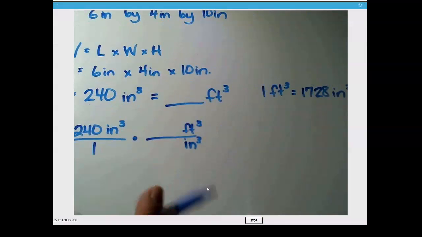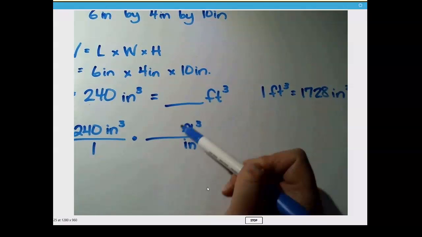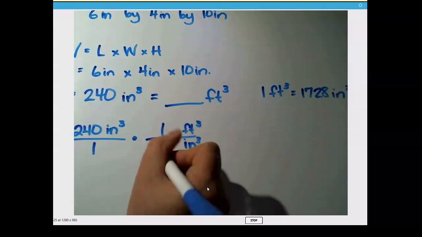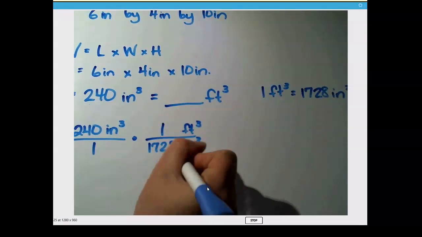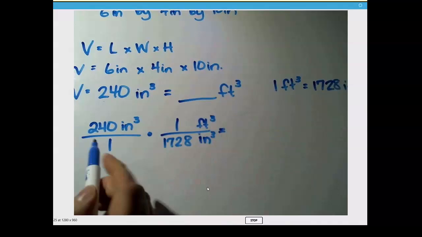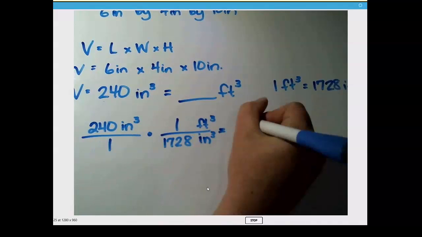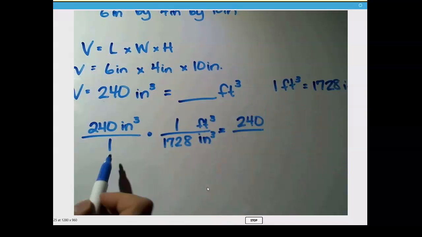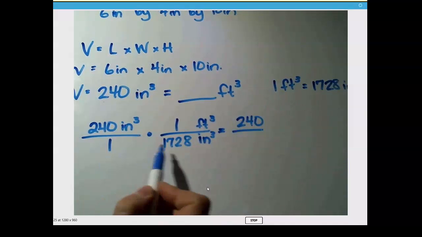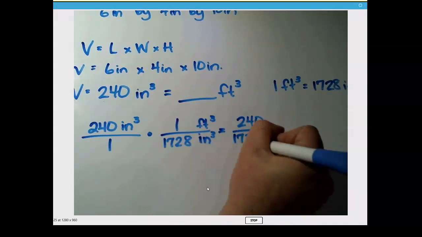So again, I jotted down my conversion off to the side so that I can plug it in here. That's what it looks like. Next, I'm going to take this straight across. So 240 times 1 is just 240. 1 times 1728 is 1728.